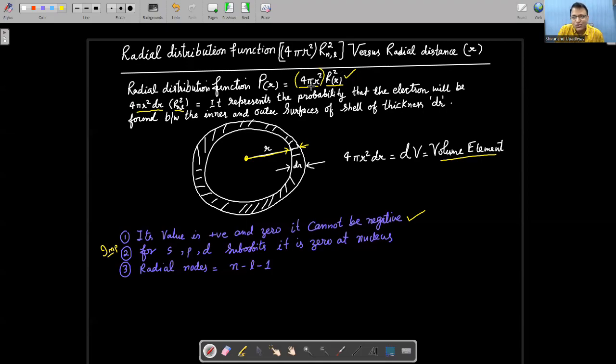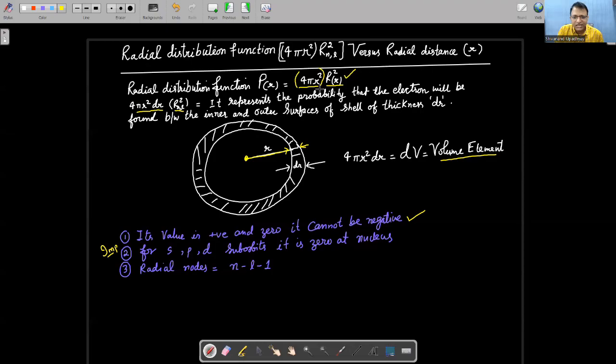So 4 pi r square is going to dominate over capital R square. So the dominating factor is 4 pi r square. So the volume element, or this surface area part, is very small. Because of that, even though R square is maximum, when we multiply by 4 pi r square, the net value is going to decrease, and on the basis of that we are saying that for s orbital also the value is 0 at nucleus.